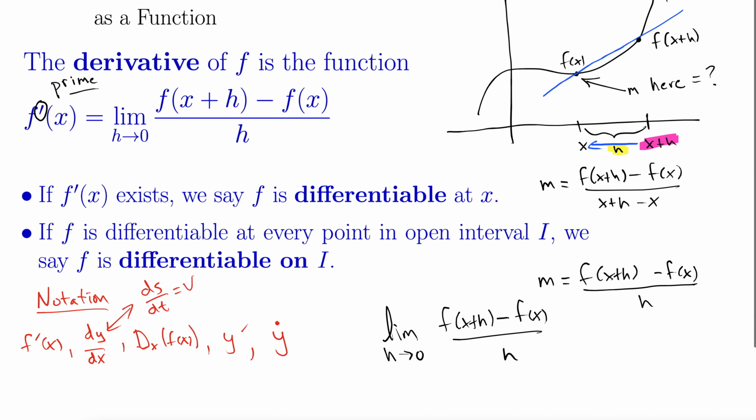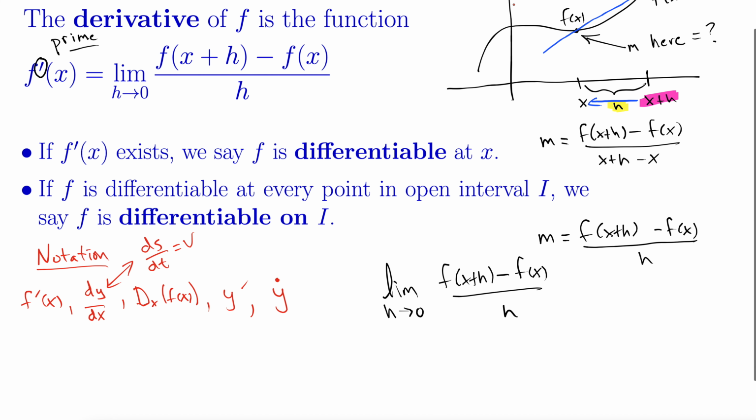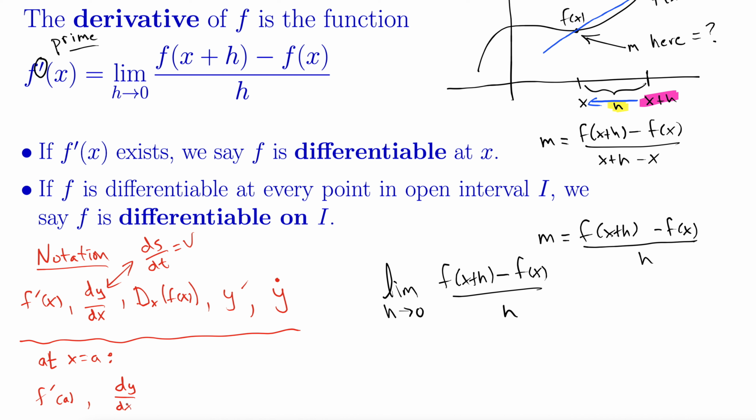If you want to evaluate the derivative at a specific point, so let's do that at x equals a, sometimes you want to know the derivative not of the entire function, but at a specific point. You could write it as f prime of a, or maybe dy dx evaluated at x equals a.